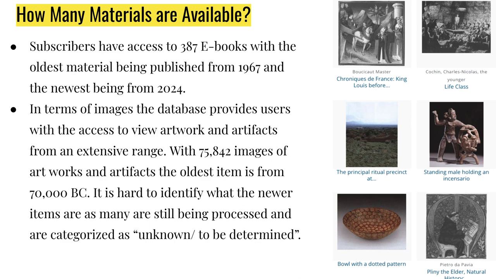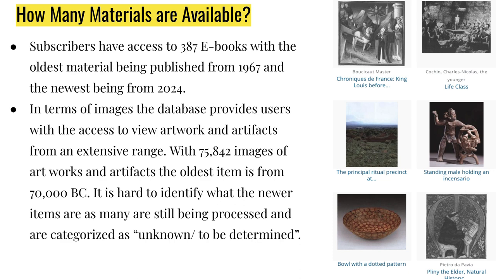In terms of images, the database provides users with access to view artwork and artifacts from an extensive range. With 75,842 images of artworks and artifacts, the oldest item is from 70,000 BC. It's a very old item, but they categorize their pictures by the year the item was created, not necessarily by when they were taken.